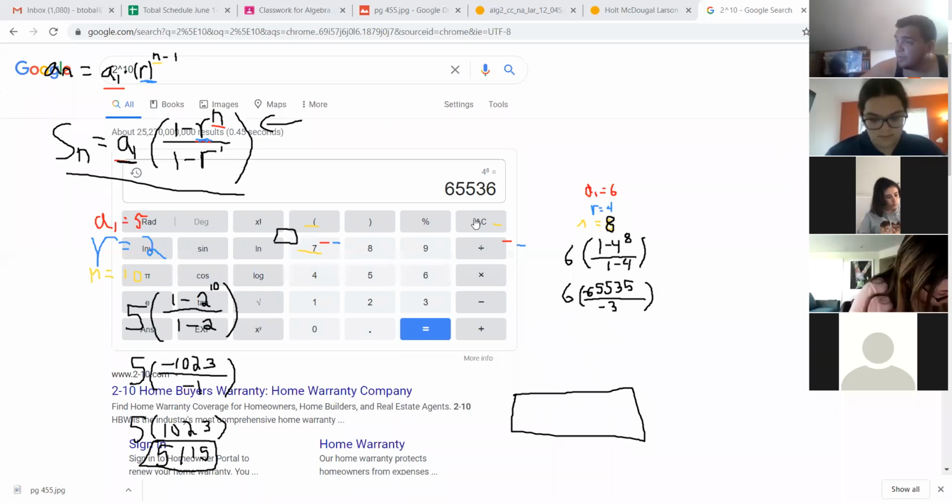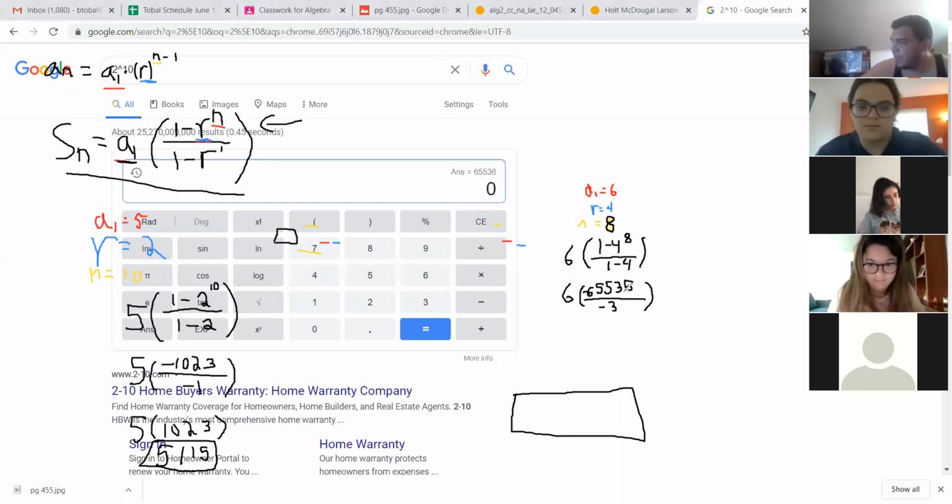So what I'm going to do is, here's a little trick, because this one is divisible by 3, so why don't we just do that then? So this is 65,535 divided by 3 equals 21,845.